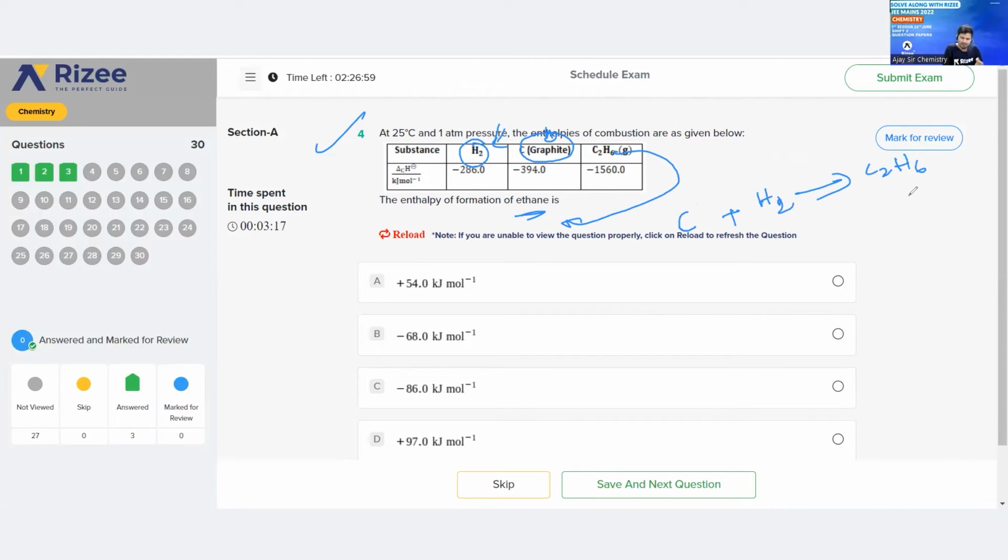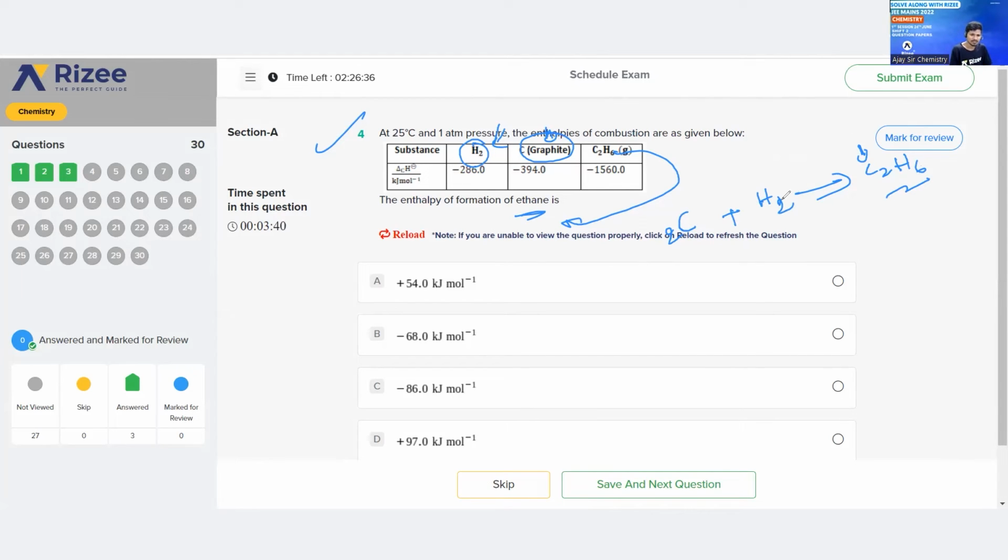Now we have to balance the equation. Two carbons are there in the product side, so here we can mention 2, because at the reactant side also the same number of atoms should be present, then only the equation will be balanced.